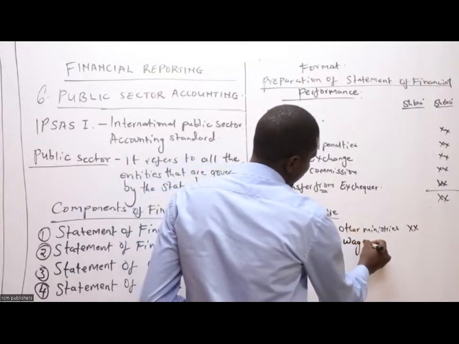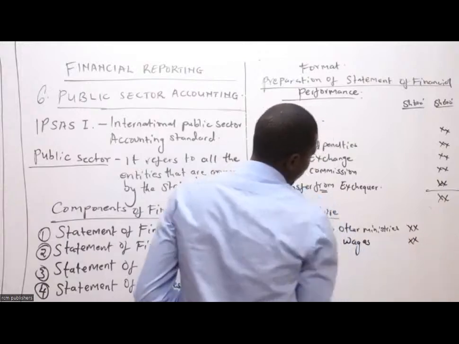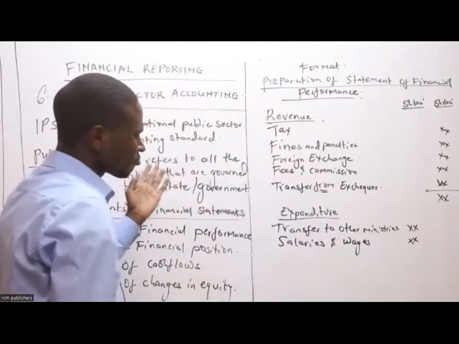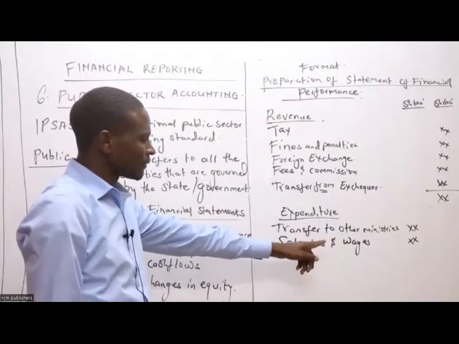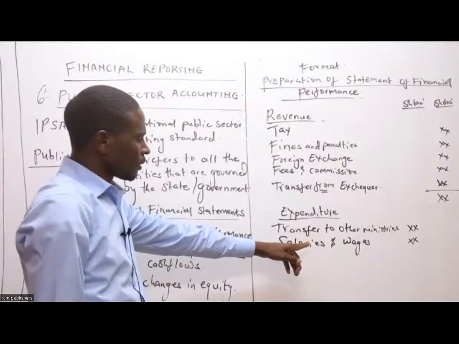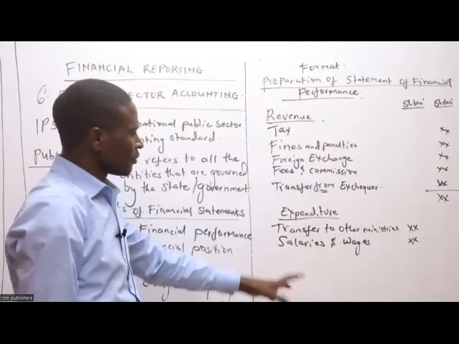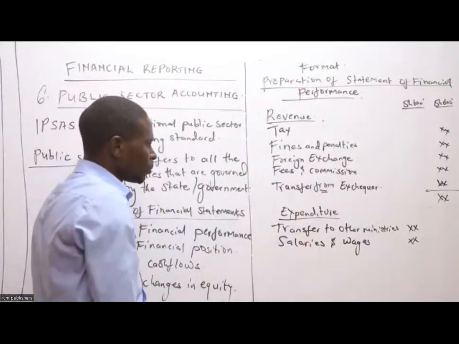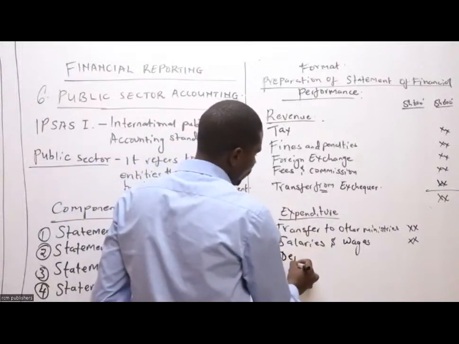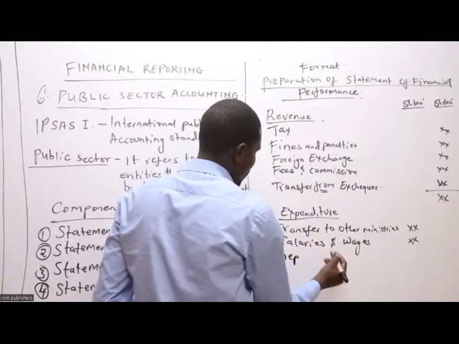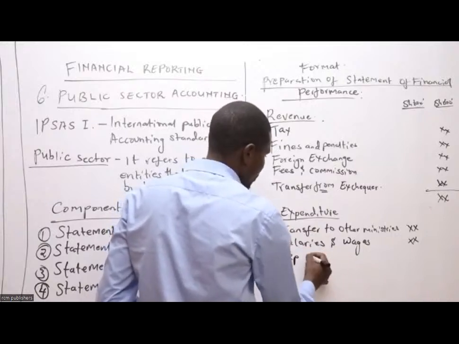Sometime back there was a narration about this one, wages and salary. And then we have depreciation of maybe PPE, maybe kuna motor vehicle or such.